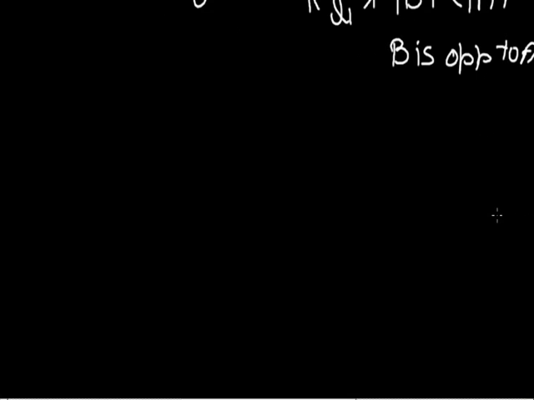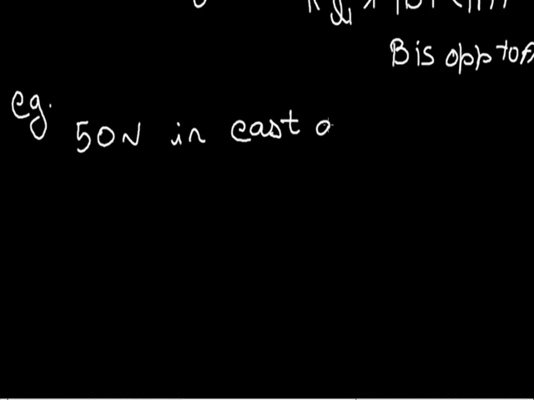Okay, now let's do some examples. How to represent a vector in a graph. Okay, let's say we have to represent a force of 50 Newton in east and say 30 Newton in south.